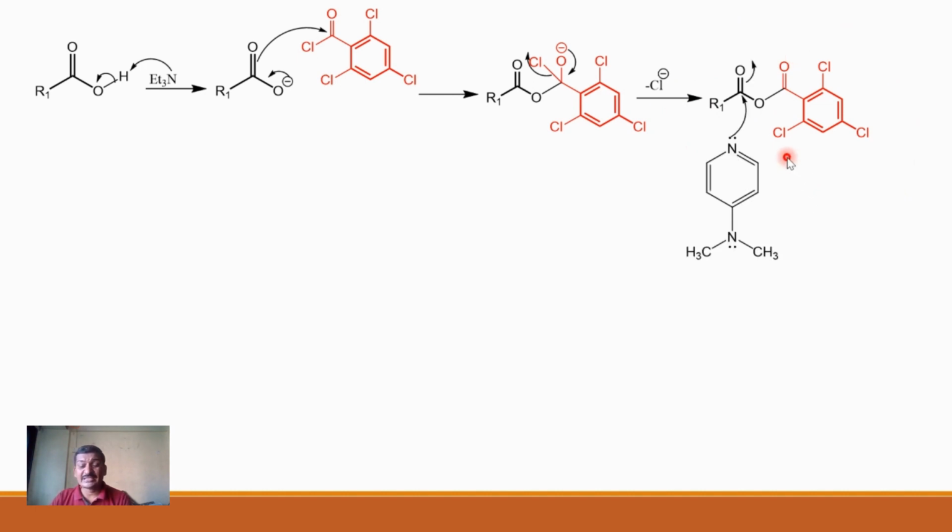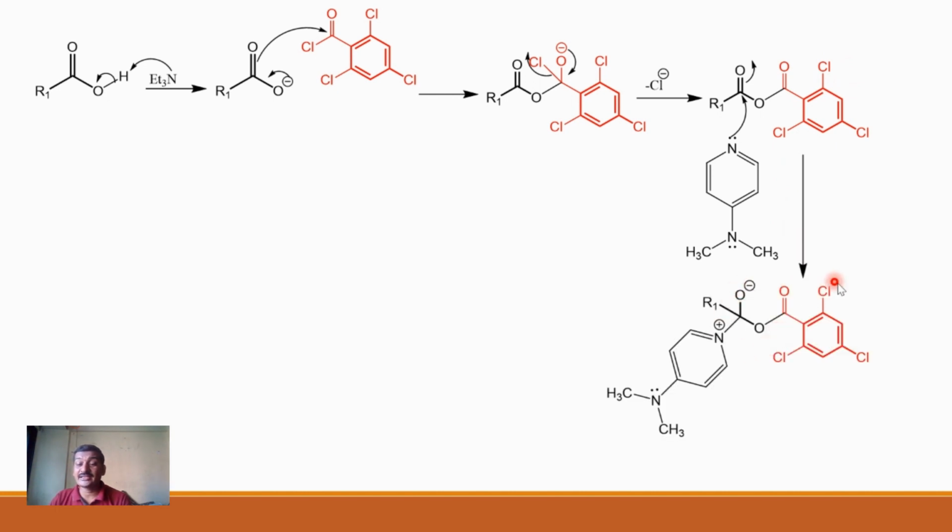Then DMAP, dimethylaminopyridine, attacks the carbonyl carbon of the carboxylic acid, not the carbonyl carbon of the Yamaguchi reagent, because that carbonyl carbon is sterically hindered by the two chlorine atoms on the adjacent carbons, and you get this intermediate.